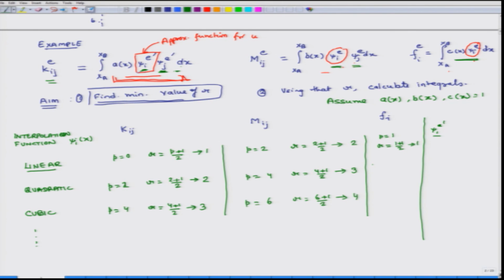Next one, if psi is quadratic, then P is equal to 2 and R is equal to 2 plus 1 divided by 2. So, it is 1.5, so I go to the next number, it gives me 2. And lastly, if P is equal to 3, then R equals what? 3 plus 1 divided by 2, this gives me still 2. Okay.